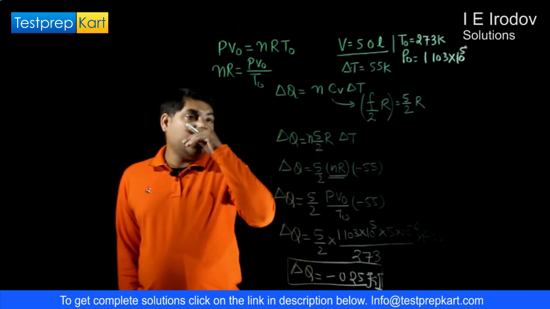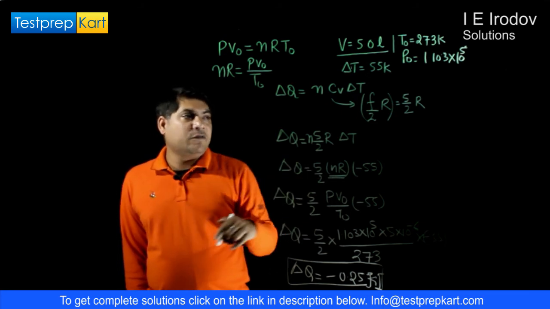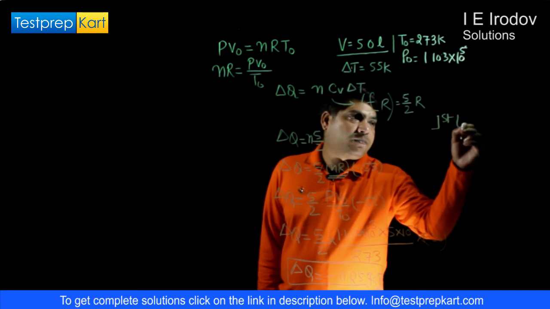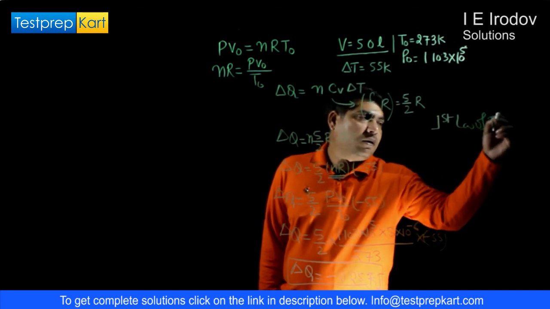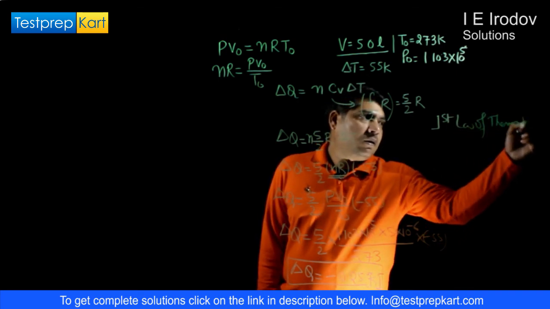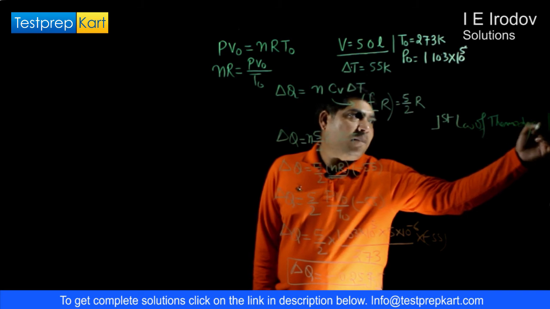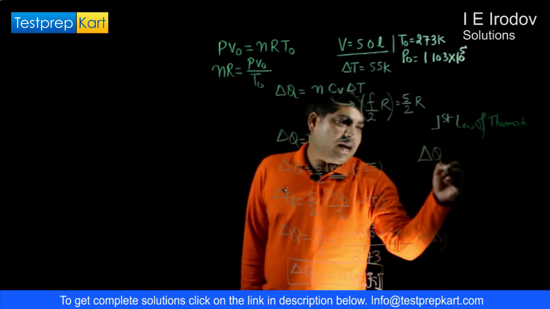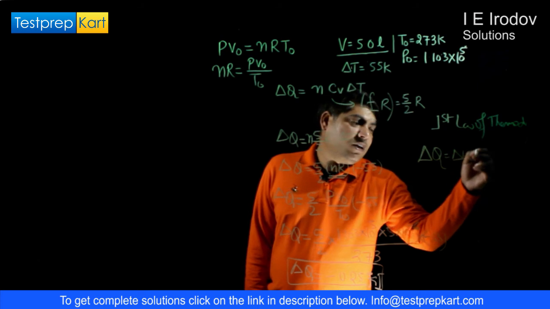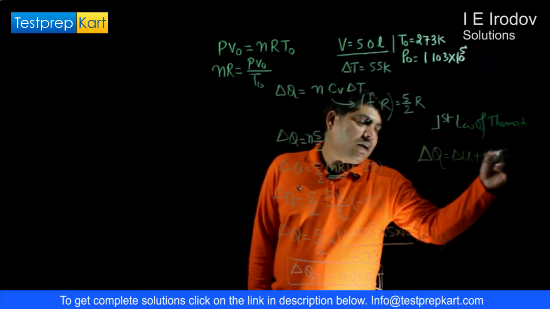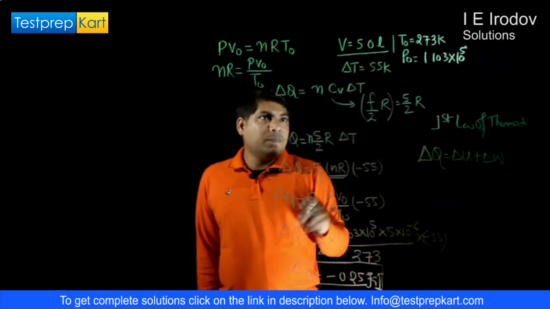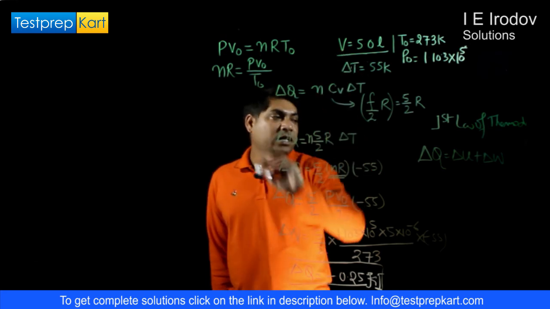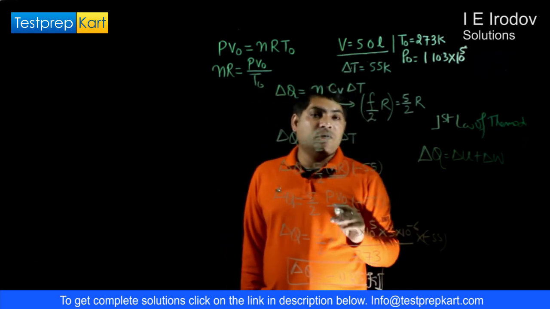But the question is also asking what is the change in internal energy of this gas. So for that we have to apply the first law of thermodynamics: delta Q is equal to delta U plus delta W. In this process the vessel is properly sealed, so there will be no change in volume.